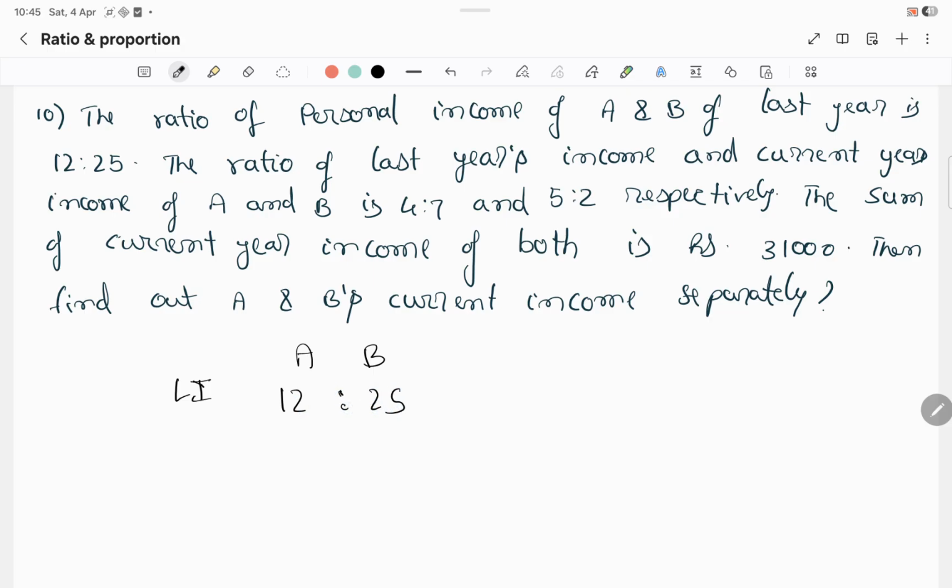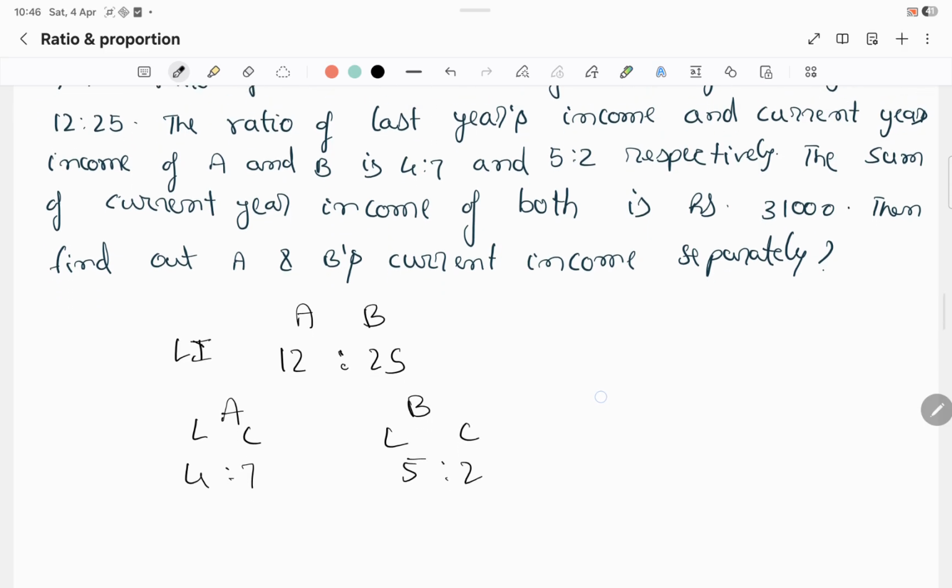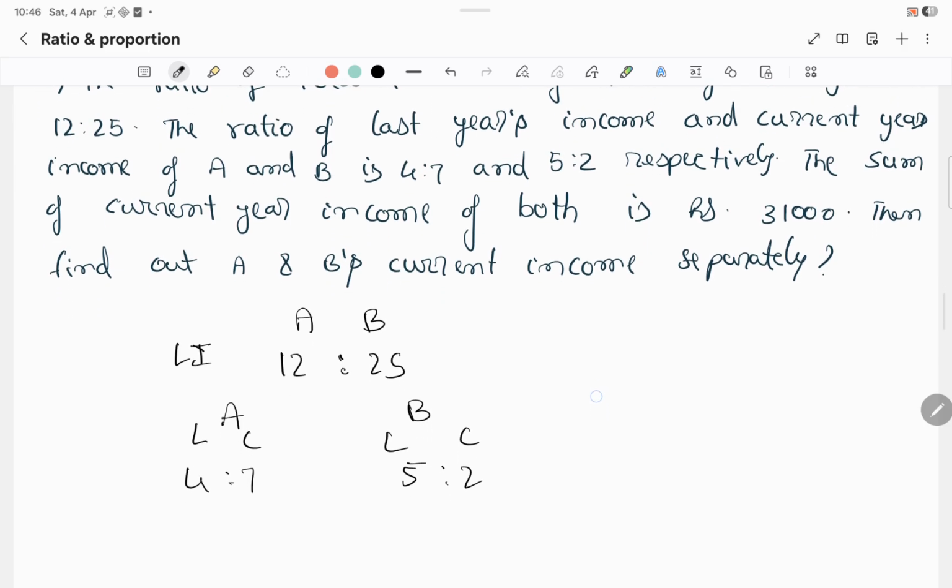The ratio of last year's income and current year's income of A and B, last year and current year, will be 4 is to 7 and 5 is to 2 respectively. The sum of current year income of both is 31,000. Then find out A and B current income separately, they are saying.